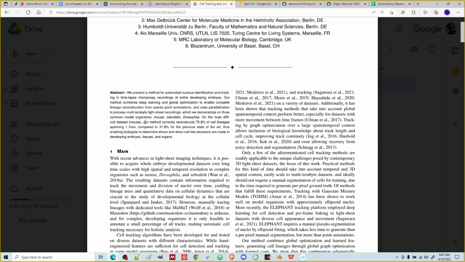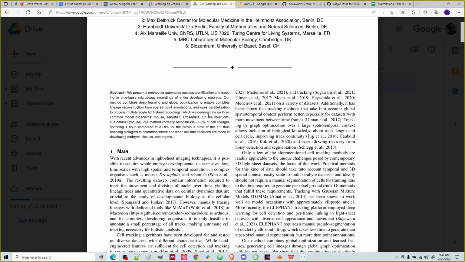But the cells, depending on where they are in the organism, adopt their fate. So it's not deterministic like in C. elegans. You can't really say that this developmental cell will become this adult cell. It really is like you get a bunch of precursor cells, and then they can become specific cells in the organism with a specific position.